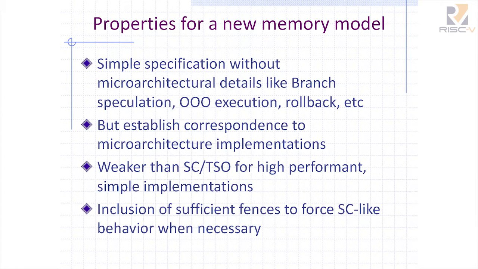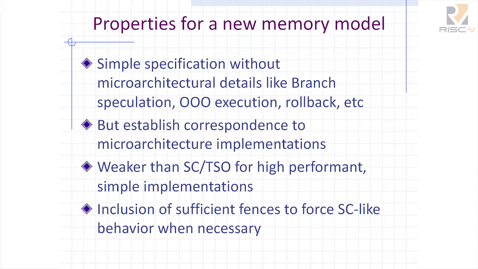So we want to avoid all these complications in the memory model for RISC V. We want simple specifications which do not talk about microarchitectural details like out-of-order execution, speculation, and so on. And we want to be able to establish a correspondence between a simple definition and the actual implementation, which involves cache coherence protocols, out-of-order execution, and so on.